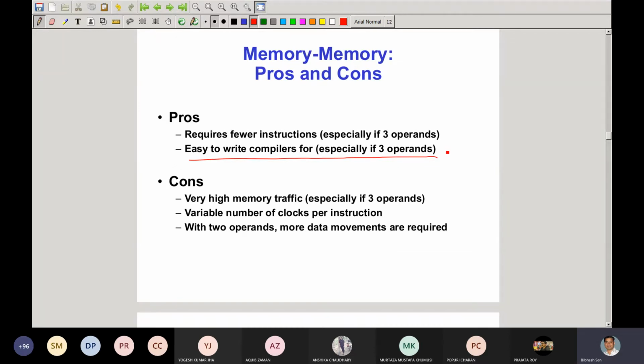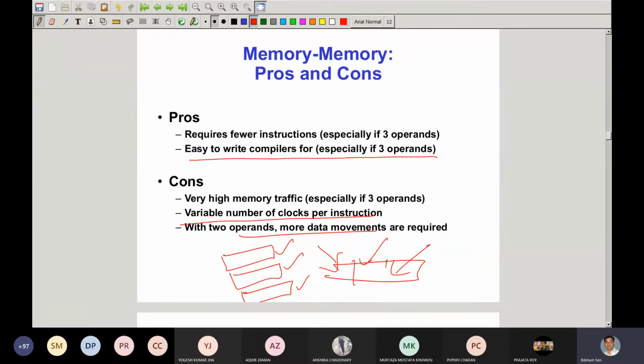Very high memory traffic, because simultaneously you are using multiple memories. So that is the one big critical problem. There are a variable number of clocks and instructions, and with two operands more data movements are required. So the clock cycles will be very high, because in general, in a RISC architecture, one instruction takes one clock cycle, with a fixed instruction format.